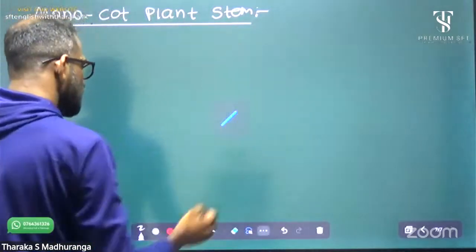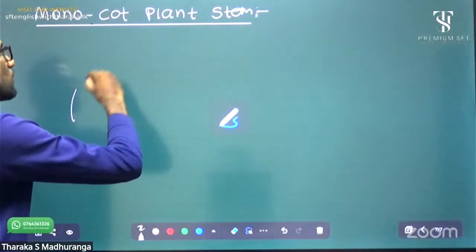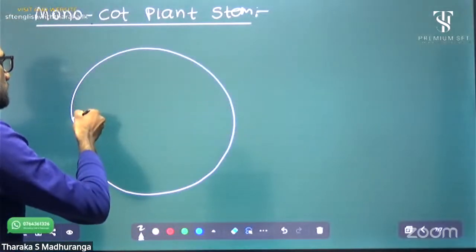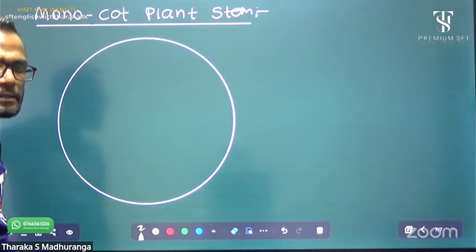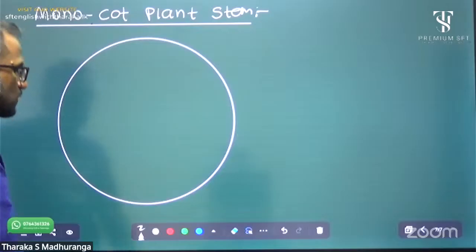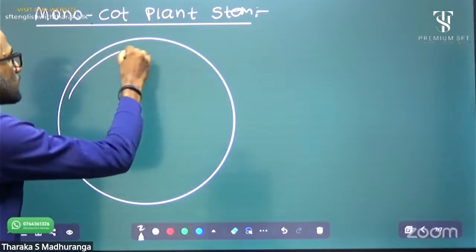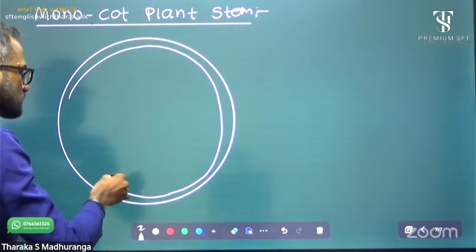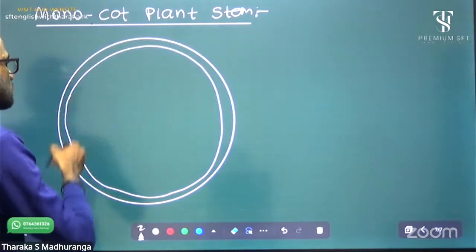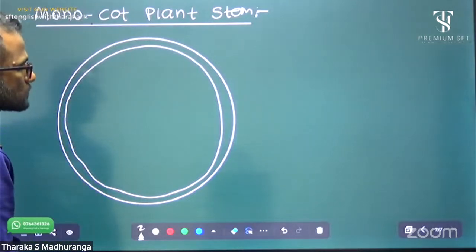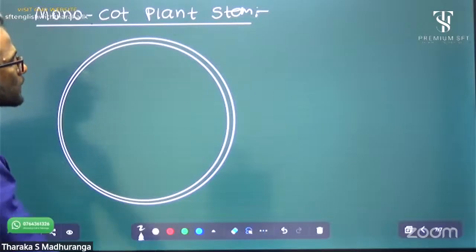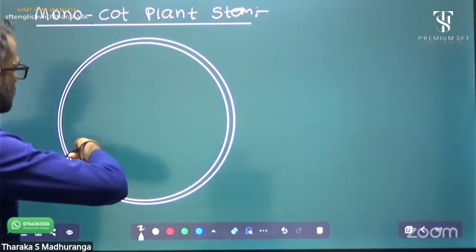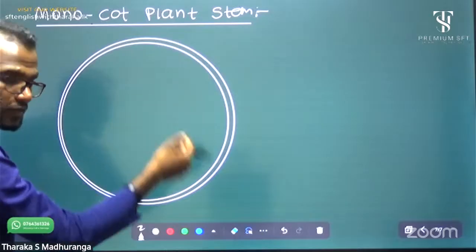Okay, draw a circle again. Yeah, like this. Make the same thickness again, then make the thickness very low, high. Same thickness, right?